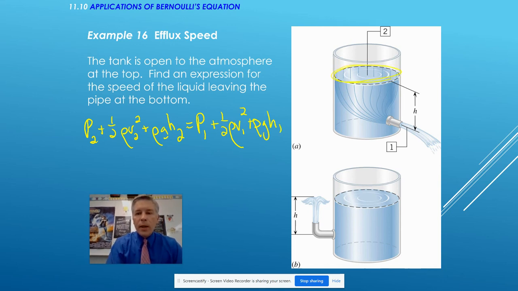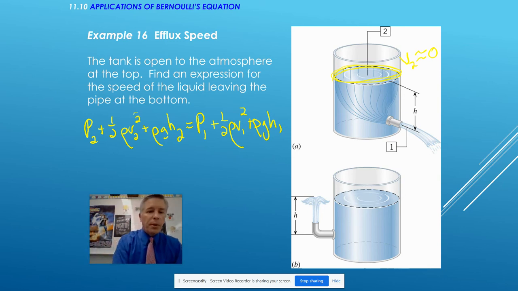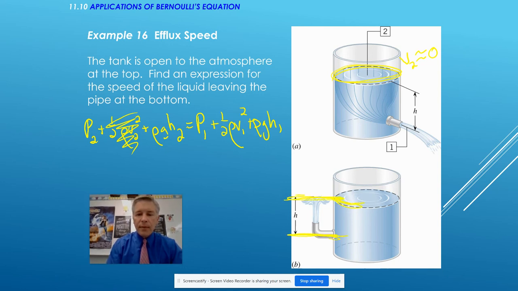Up here, we think of this as moving extremely slow. So V2 is approximately equal to 0. If it's a big enough tank, it doesn't drop real fast compared to the fluid coming out. So V2 is pretty close to 0. We wipe it out. We also need some point to measure things from. If we have water coming out at a certain place and the top of the fluid here, if you were to take this tube and turn it, you would find the water would go up to the same height.